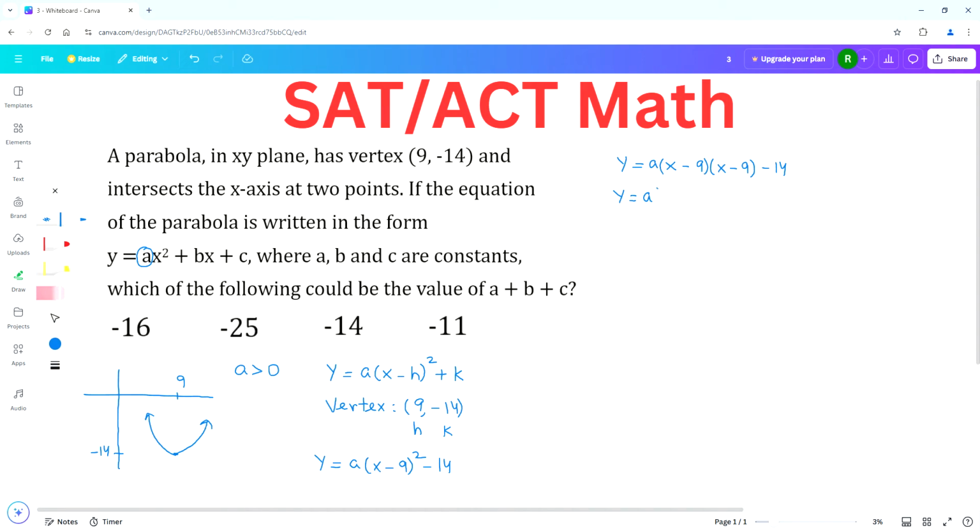Next, we can distribute the terms in the parentheses using the FOIL method. We can combine the like terms. Negative 9x minus 9x is equal to negative 18x.